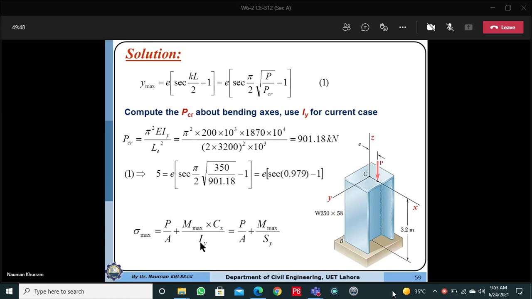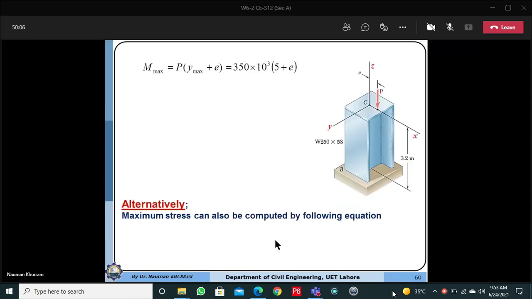Or if you bring the Cx to the bottom side, Iy over Cx will be equal to the section modulus about the y-axis. So you could use either this expression or this expression to determine the resultant maximum stresses. So the moment will be equal to P times (y maximum plus E).